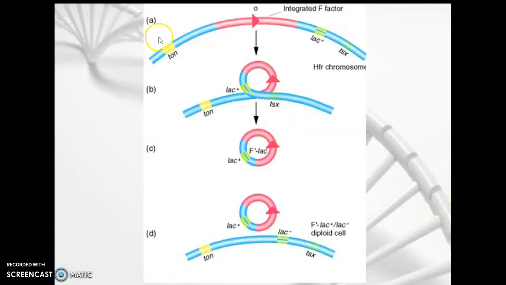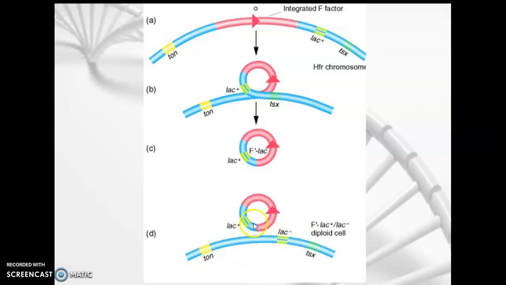This is a diagrammatic representation of the above mentioned plasmid which carries a bacterial gene, that is F prime. Here you can see the integrated F factor in the HFR chromosome. Then it moves away from that integrated state back into the cytoplasm. While doing so, it carries some of the genes of the bacteria, here the lac plus allele. And during conjugation, it gets transferred, or copied, into the F minus cell, which is usually lac negative.